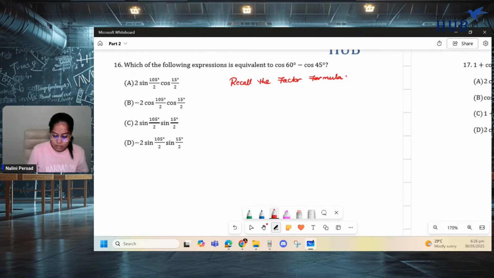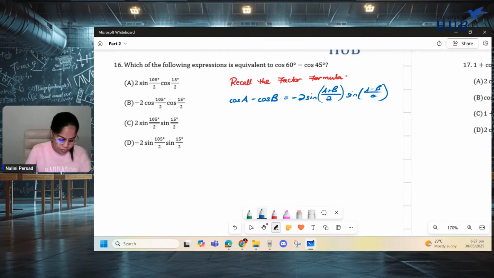So what it says is that something in the form of cos A minus cos B is minus 2 sine of (A plus B) over 2 times sine of (A minus B) over 2.